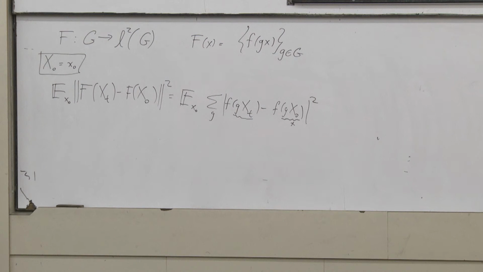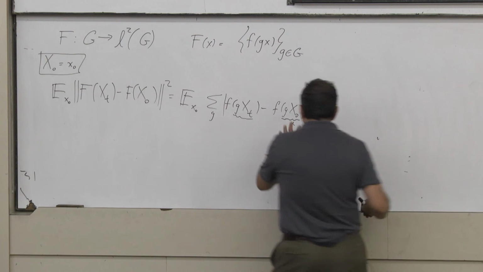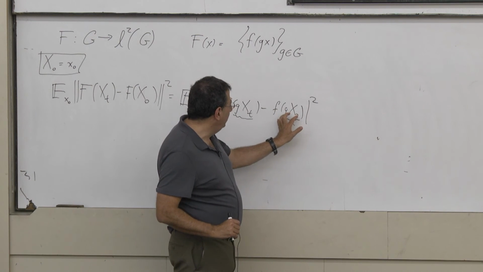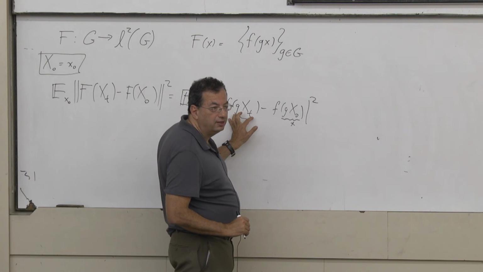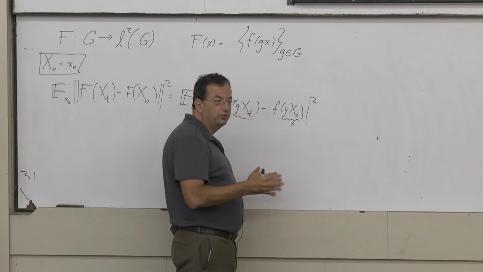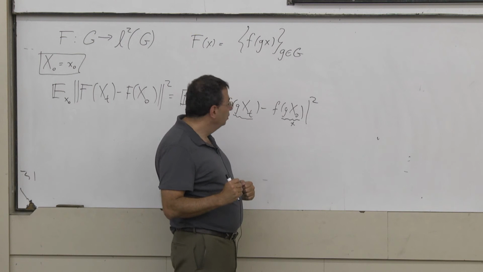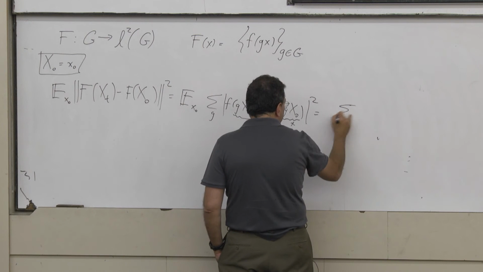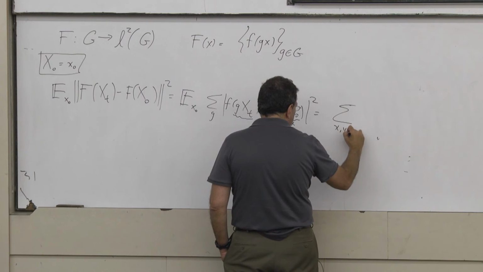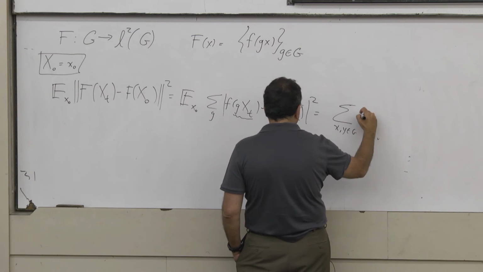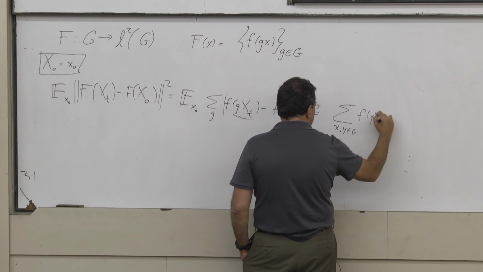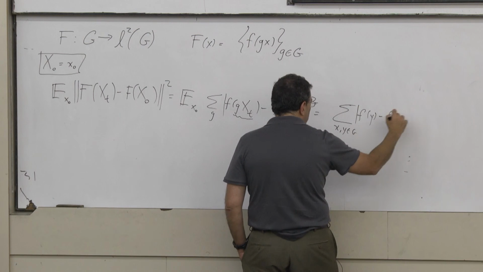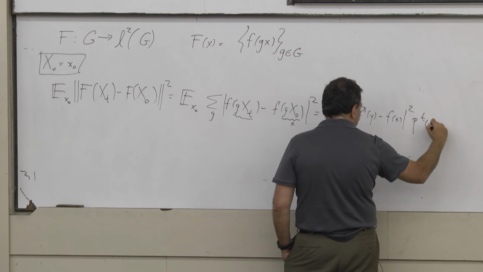So each time we choose an element of the generating set and multiply from the right by that element. So if I do a right random walk starting at this point x, g x0, after t steps, I'm going to have the distribution just of g xt, because multiplying from the left and multiplying from the right are operations that commute. So in other words, I can write this in the following form. It's the double sum over x, y, and g of (f of y minus f of x) squared times p_t of x, y.